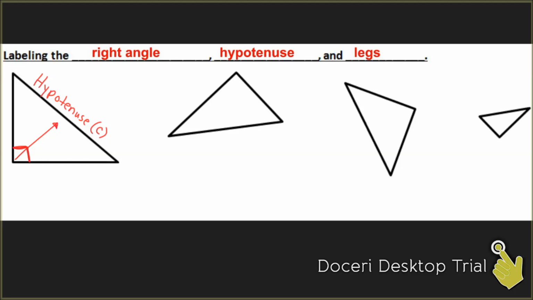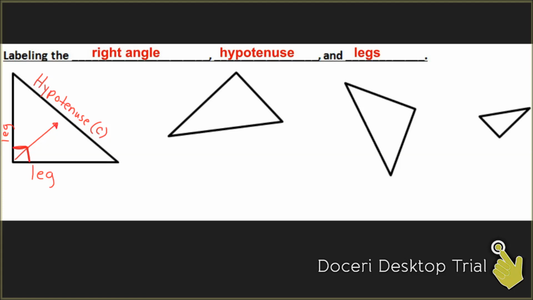So if we know the right angle is in the corner and the hypotenuse is our diagonal longest side that's opposite of the right angle, that just leaves our other two parts of our triangle as legs. So let's go ahead and label that. We have our base of the triangle as a leg, and then the height of our triangle is also a leg.